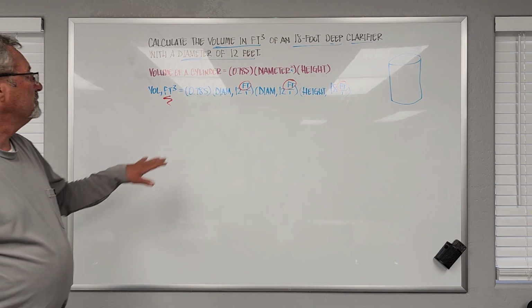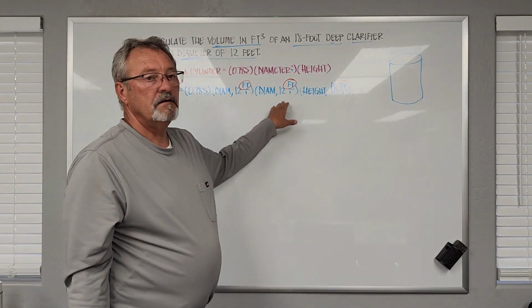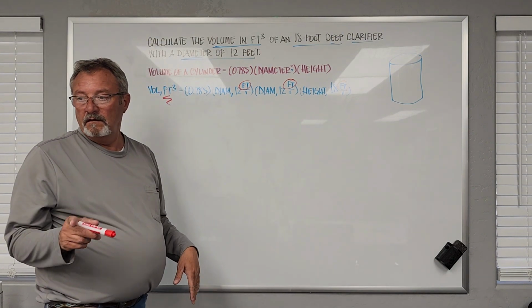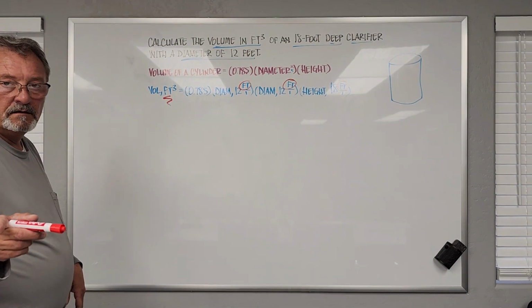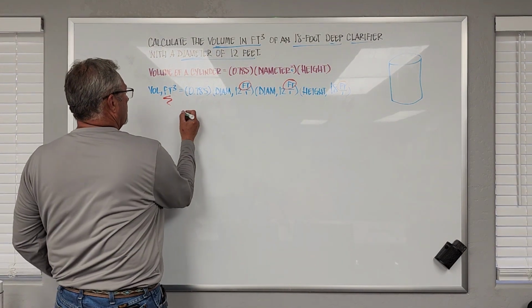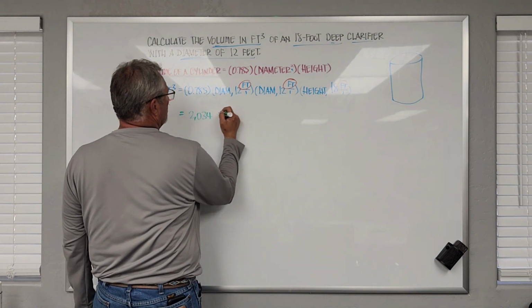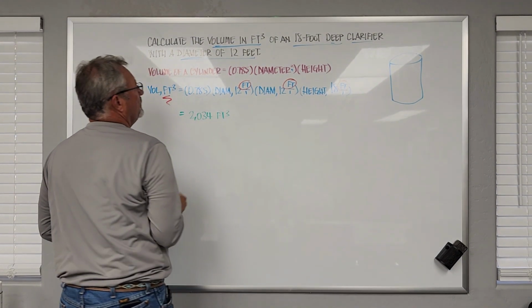So now all I have to do is multiply this out, 0.785 times 12 times 12 times 18. I get 2,034 cubic feet.